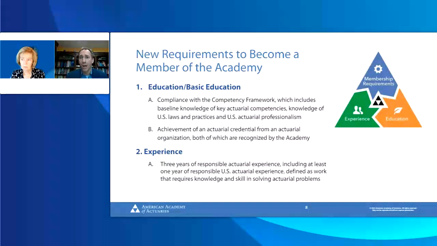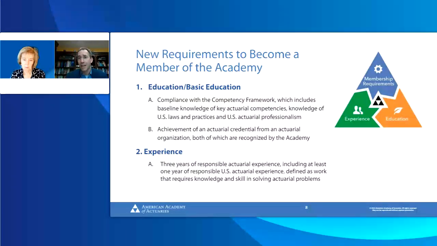We rely on and believe that the actuarial credentialing process is an important part of our profession. So in addition to being able to say and demonstrate that you have met the competency requirements, the Academy also will continue to require the achievement of an actuarial credential from a credentialing organization recognized by the Academy, for example, the CAS or the SOA.